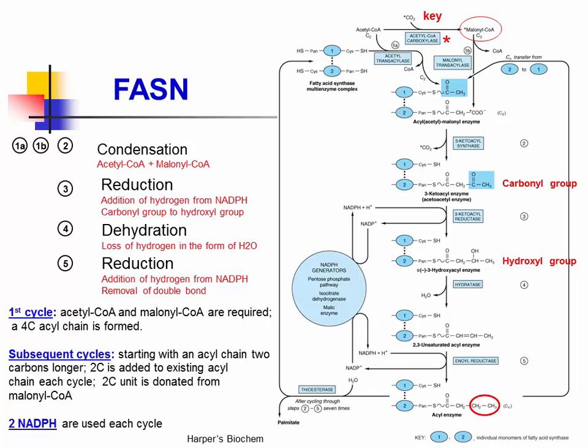Does that make sense? So what you need to remember, I don't think you are required to remember each specific step, what enzyme, and how the carboxyl group or hydroxyl group is formed or something like this, right? But just try to remember that for the first cycle, you need 1 acetyl-CoA molecule and 1 malonyl-CoA molecule, right?